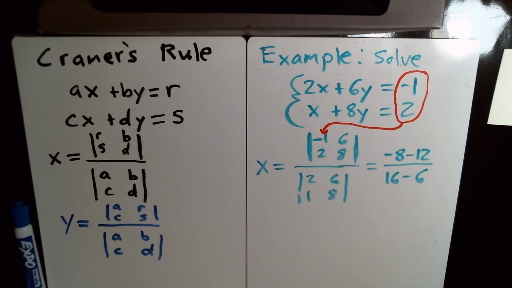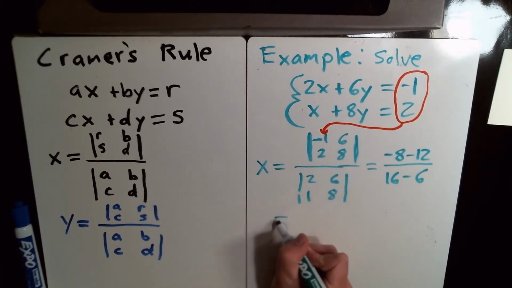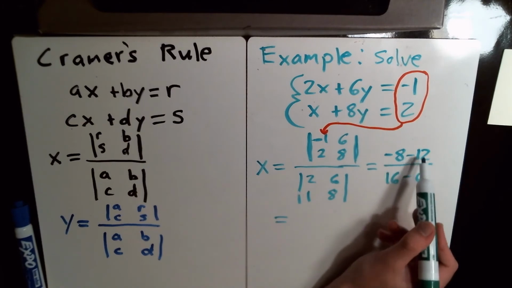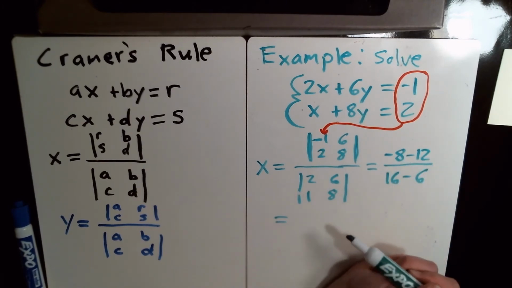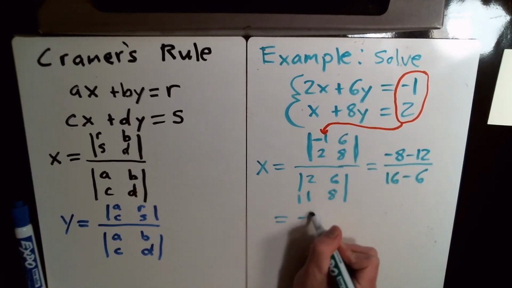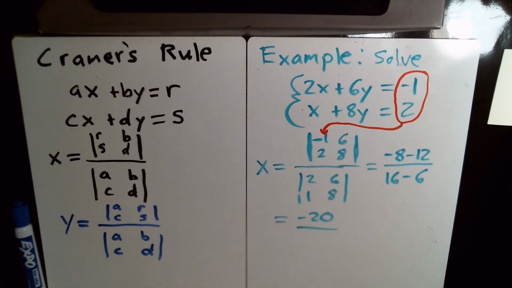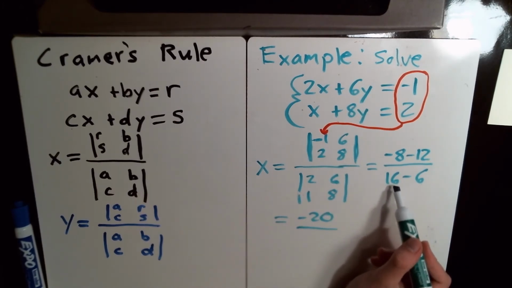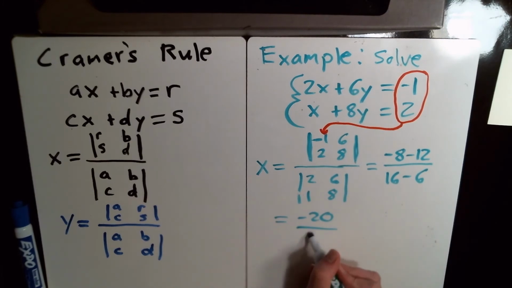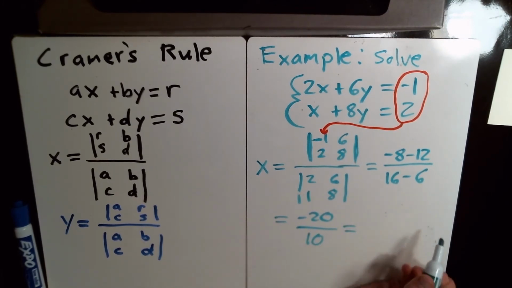And so when we do -8 minus 12, that's going to be -20. And then 16 minus 6 is 10. So x is -2.